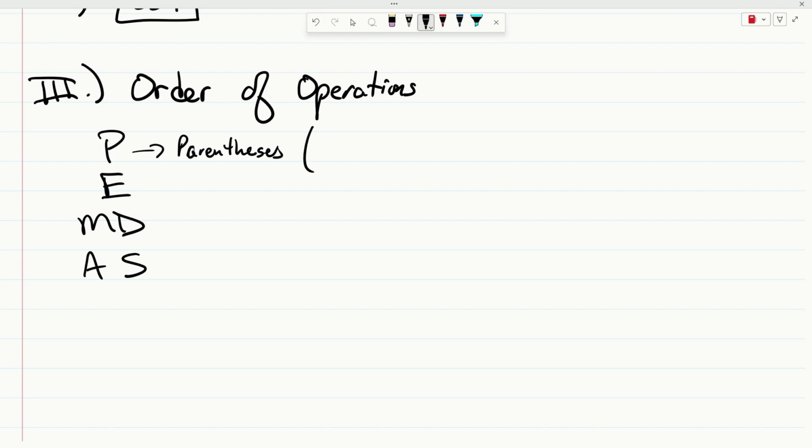But in reality, what we're really talking about here are grouping symbols, okay? You want to do all your work inside of the grouping symbols. And what are grouping symbols? Parentheses, brackets, and braces, okay? So you do all the math work inside of those groups first.